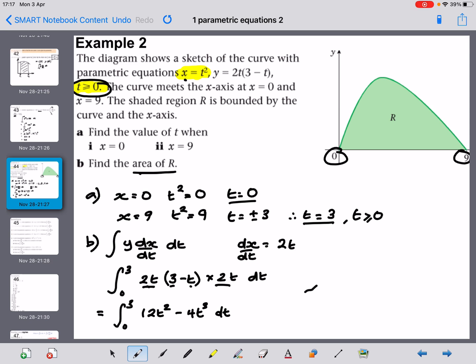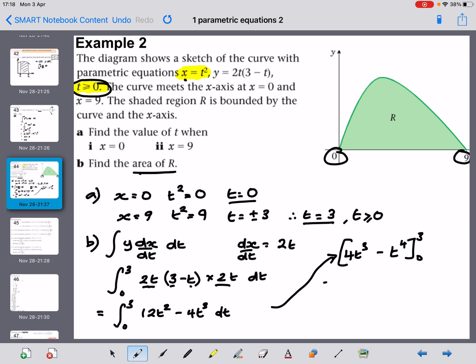Okay, so now I'll integrate. So 12t squared will go to 4t cubed. 4t cubed will go to t to the power 4, between 3 and 0.